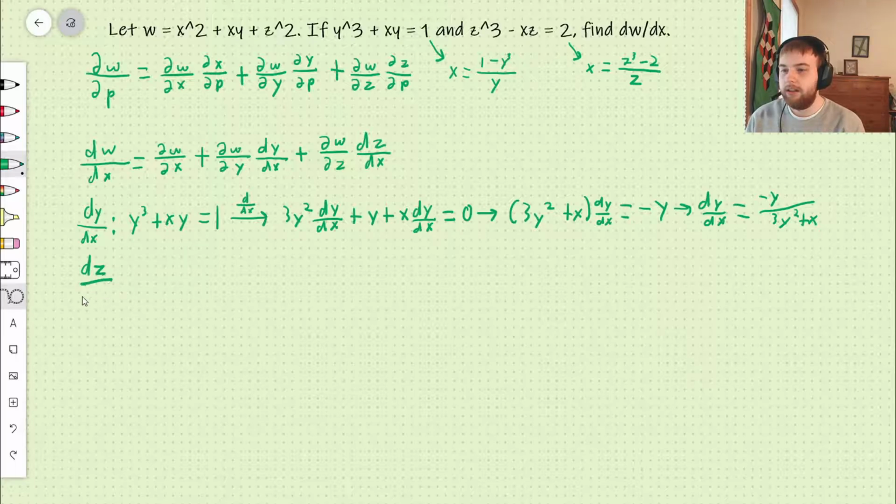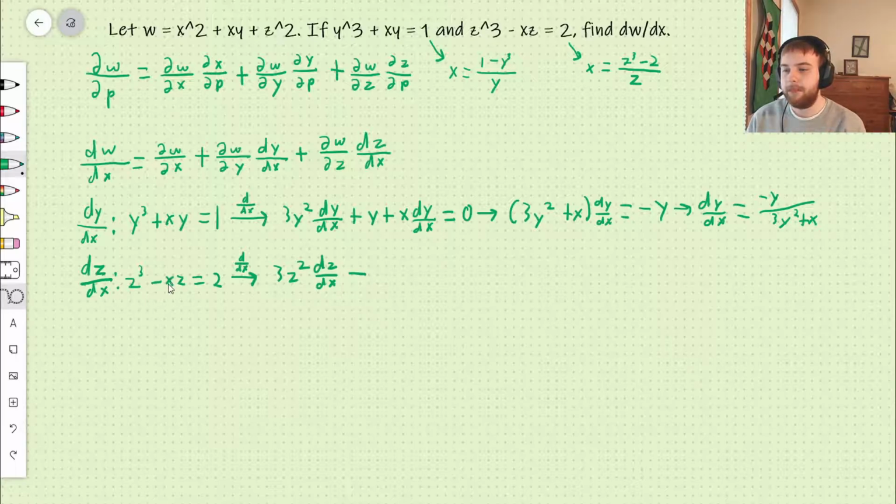And then dz/dx follows a similar way. z cubed minus xz equals 2. And then we take the derivative of everything with respect to x. So our z cubed turns into a 3z squared dz/dx.